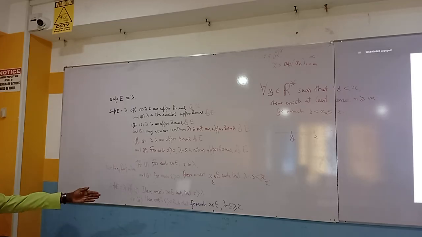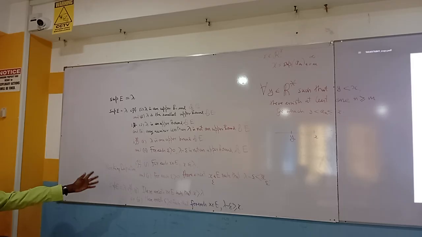Can you say it is parallel to this? This is what I have written. Since y is less than x, y is not an upper bound of the set A_n.